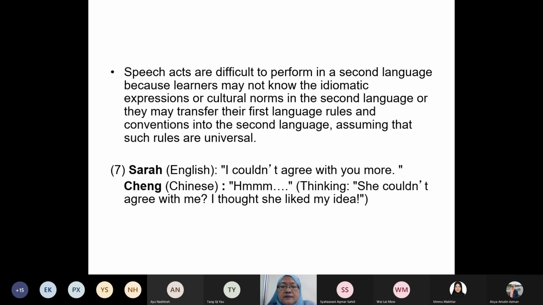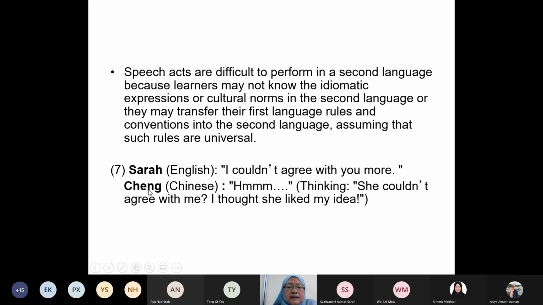She says, I couldn't agree with you more. In English, it is quite normal to have the negation of couldn't, and then you have more. So the negation and the adverbial achieve a certain effect that only people in this culture who are used to it will be able to understand.